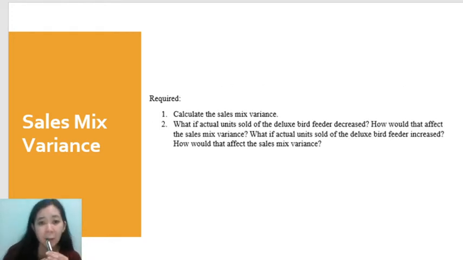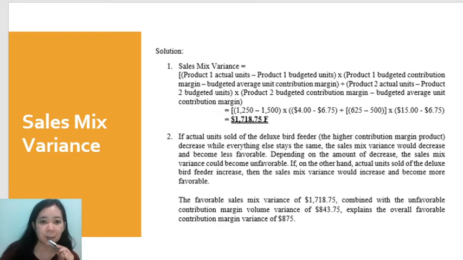For our requirements, number 1, you're going to calculate the sales mix variance. Number 2, what if units of the deluxe bird feather decreased? What is the effect of that on our sales mix variance? And what if the actual units sold of the deluxe bird feather increase? Again, what is the effect of that on our sales mix variance?